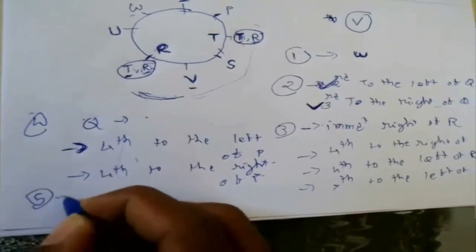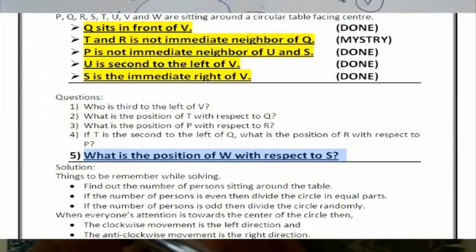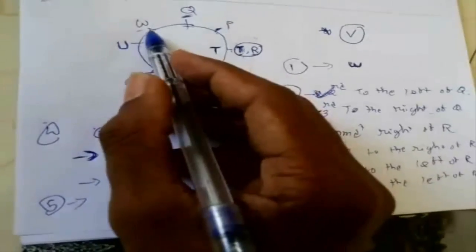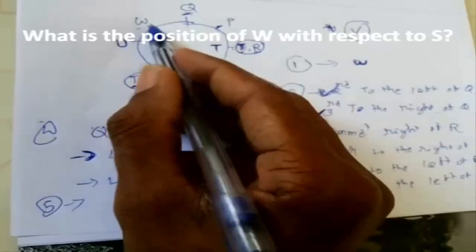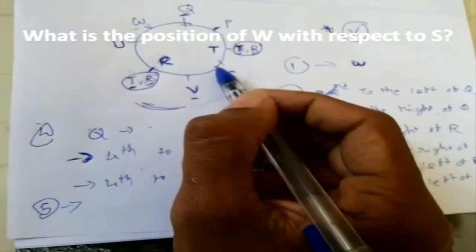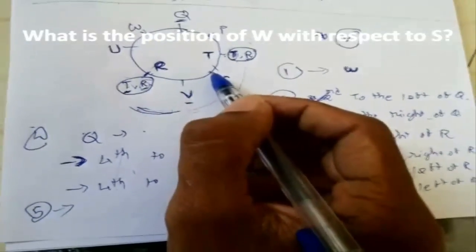And now the fifth and final question is, what is the position of W with respect to S? Again, the same.